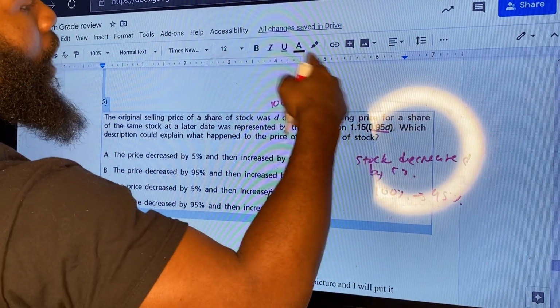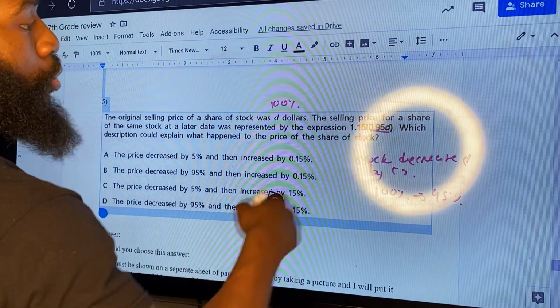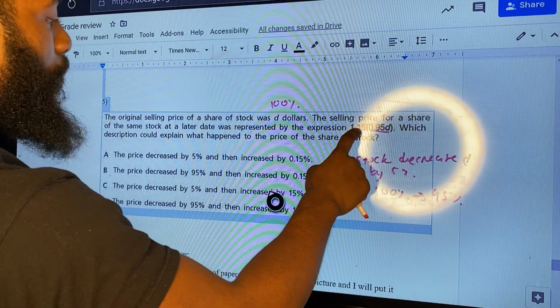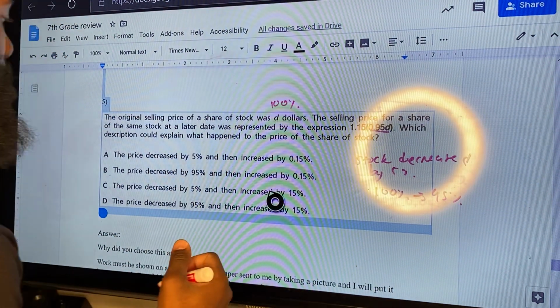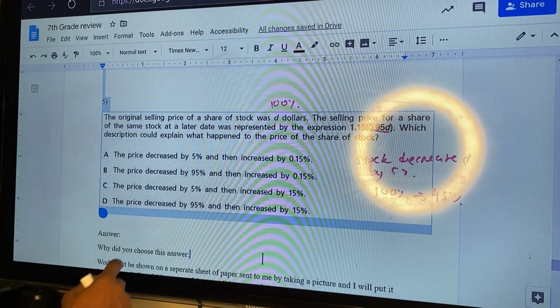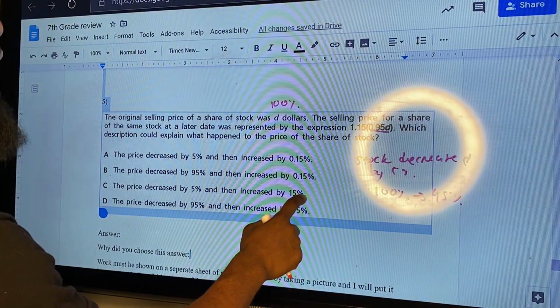I know, 100% of stock plus an additional 15%. So 100 plus 15 gives you 115, as a decimal that's 1.15. So that shows me that the price decreased by 5% and then increased by 15%.